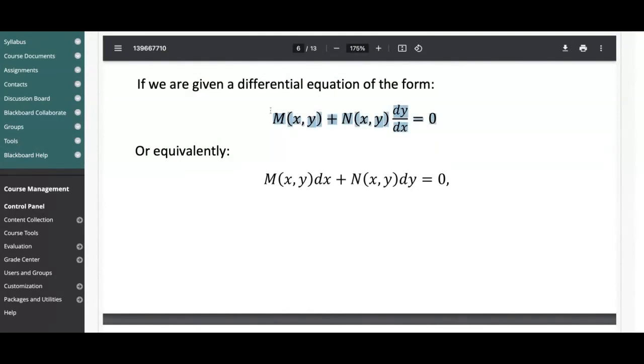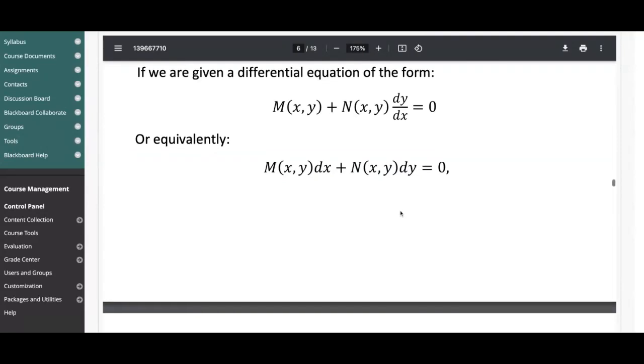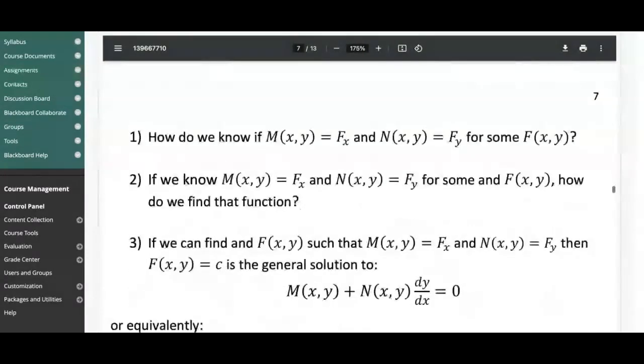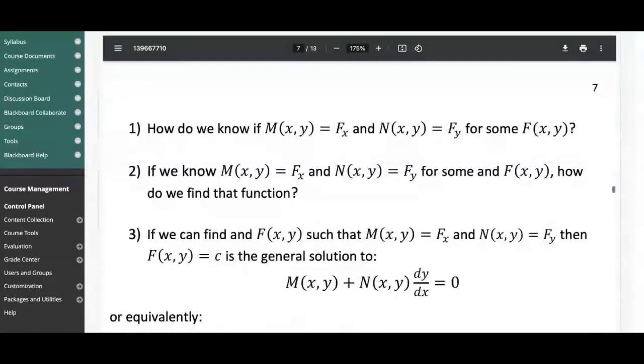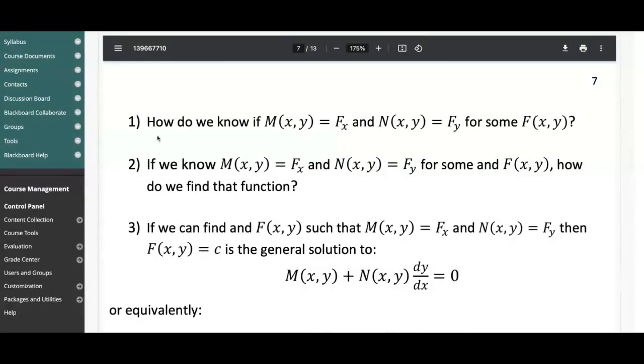So the equation this way is the same as the equation this way, right? Multiply by dx, and we get M dx plus N dy equals 0. So let's see this.